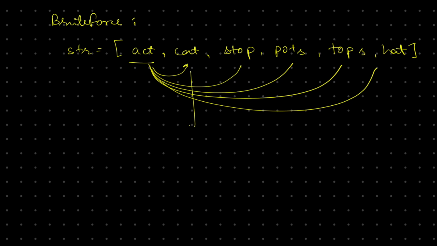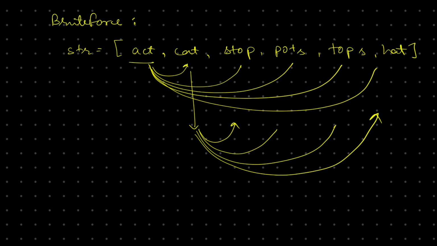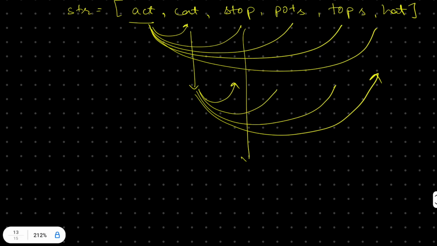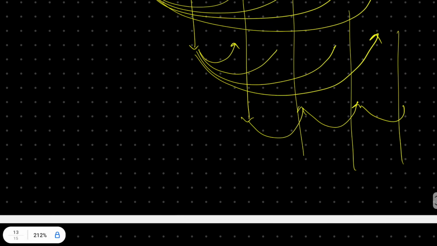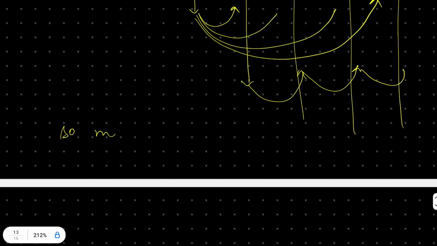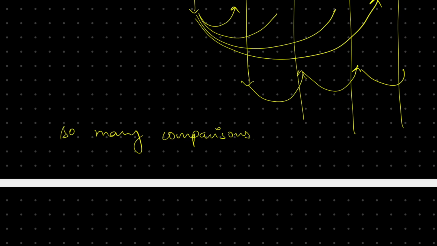And for the second word, cat, we compare it with stop, pods, tops, and hat. Exactly, for the third word, we will compare it with pods, then tops, then hat. Similarly, we can do it for each and every word. So what is wrong here is that we are doing so many comparisons.